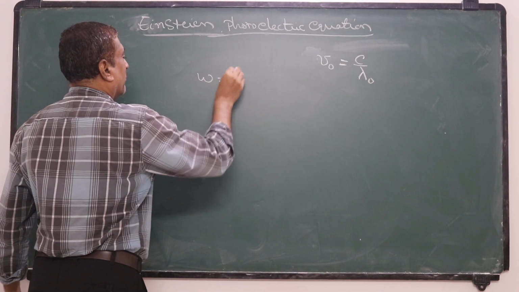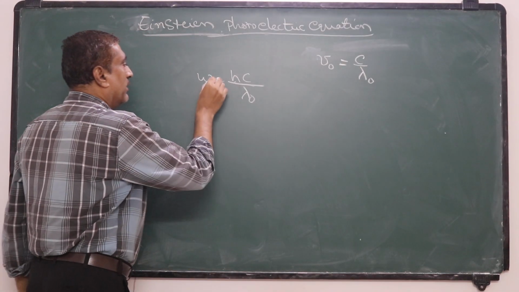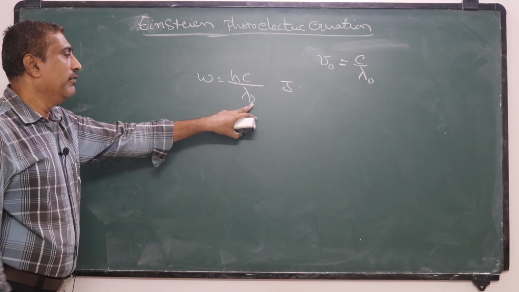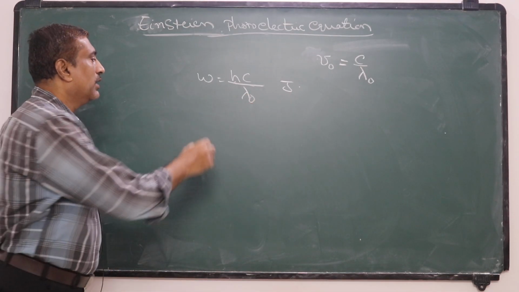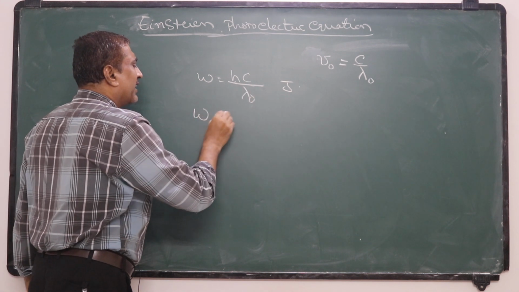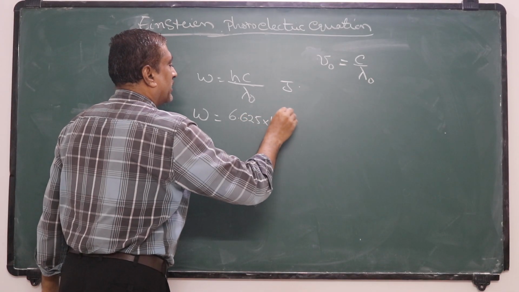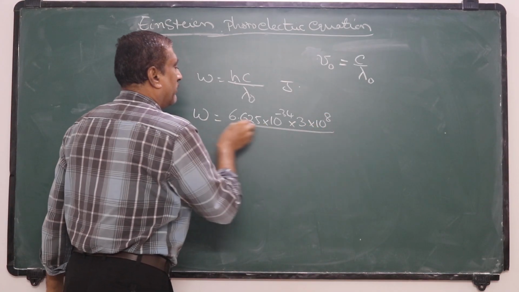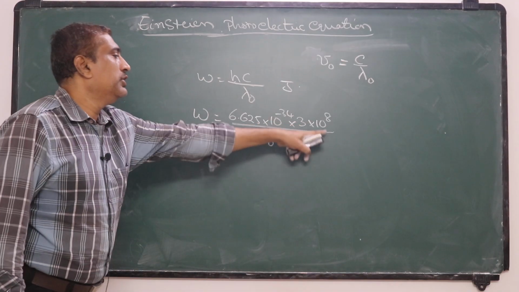W is equal to hc by λ. Actually we get this value in joule when we take λ in meter. So to get this value in electron volt, we take 6.625 × 10^−34 × 3 × 10^8 divided by λ0, which is in joule.